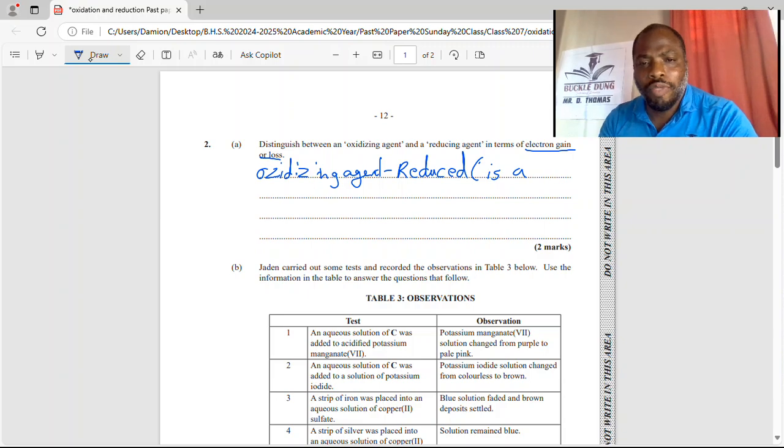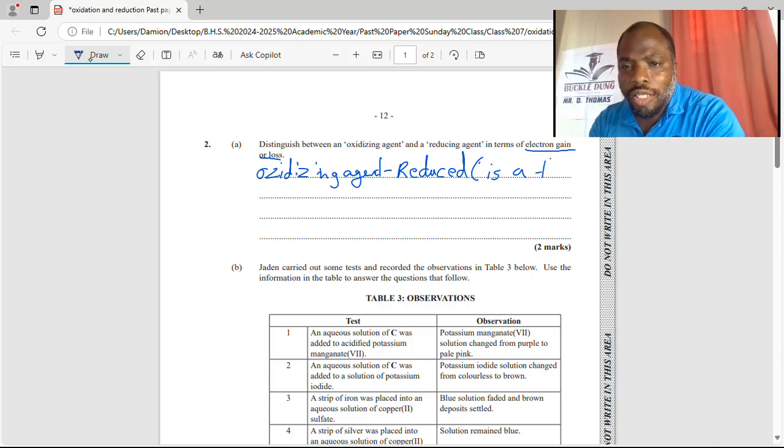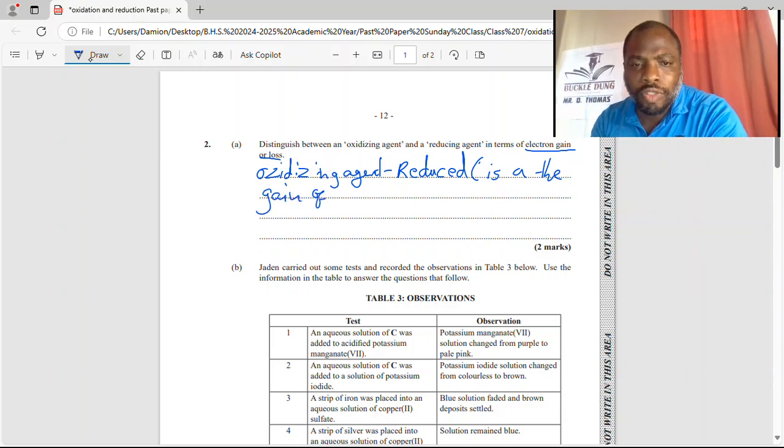So that's how we're dealing with it. So if I say reduction, you can finish the line because we know it. Yeah? So it is the gain of electrons. And then we're supposed to talk about the reducing agent.